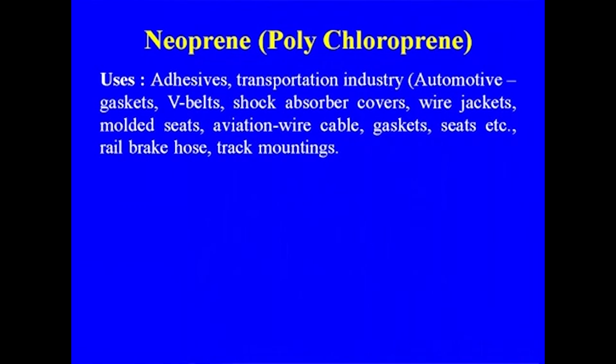Usage: adhesive, transportation, automotive gaskets, V-belts, shock absorber covers, wire jackets, molded seats, aviation wire cable, gasket seats, etc. Rail brake hose, track mounting. So, these are some of the major applications of the polychloroprene.